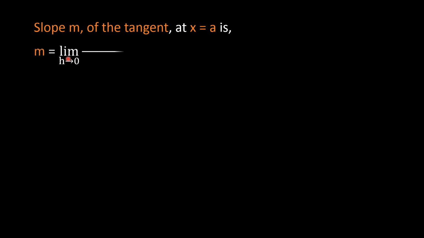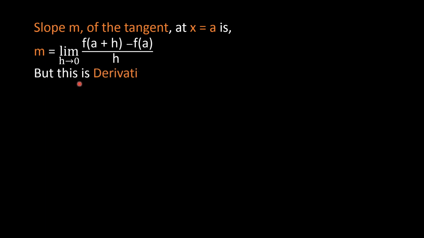We also know that slope m of the tangent at x equals a is m equals limit of f of a plus h minus f(a) upon h as h approaches 0.